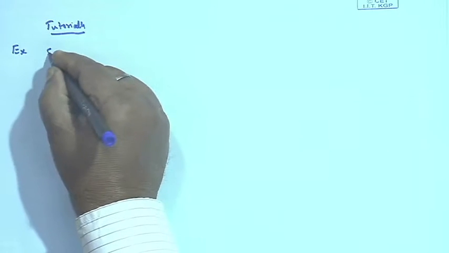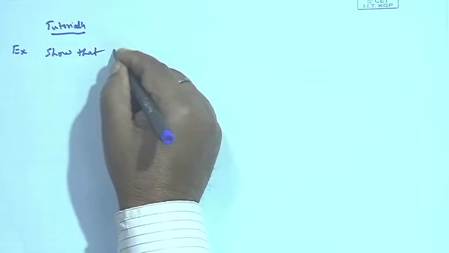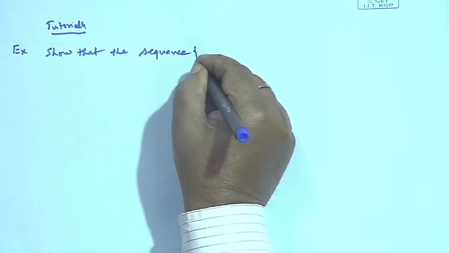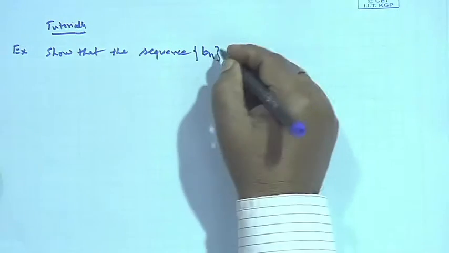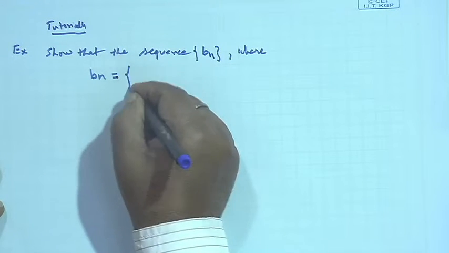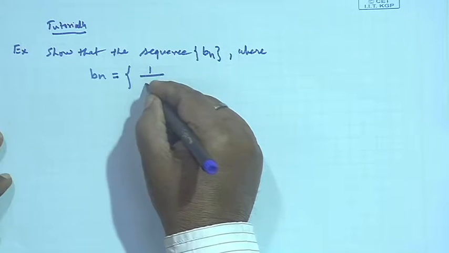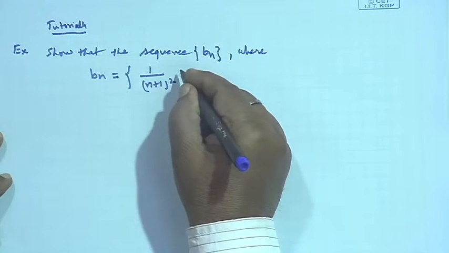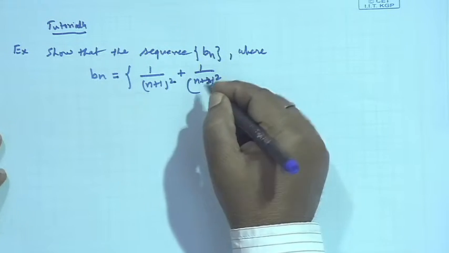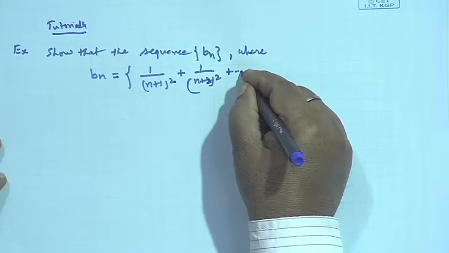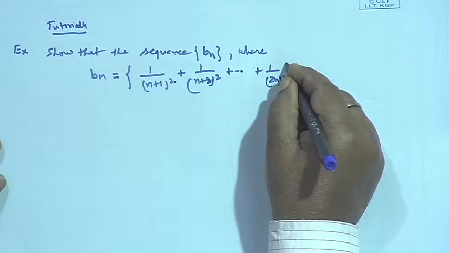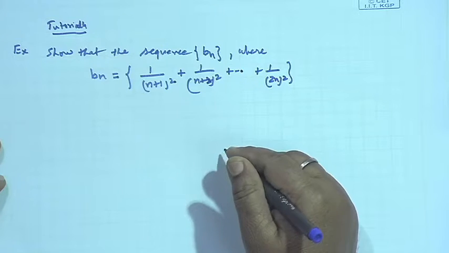So, show that the sequence Vn, where Vn is 1 over (n plus 1) whole square, plus 1 over (n plus 2) square, up to (n plus 1) by (2n) whole square, converges to 0.